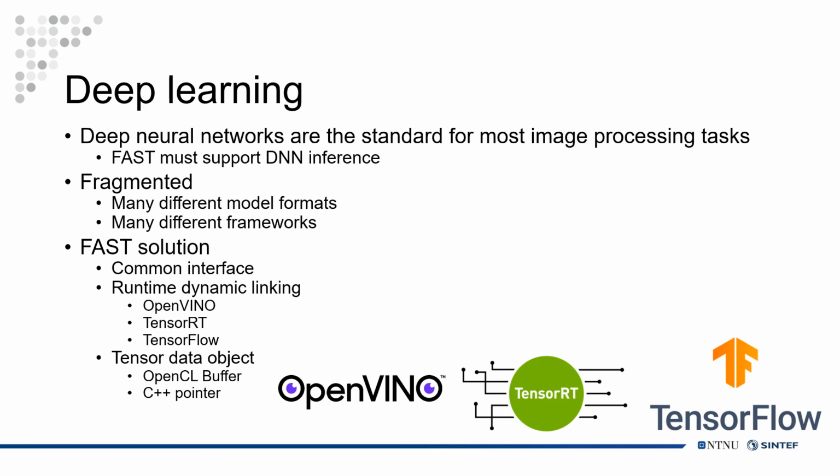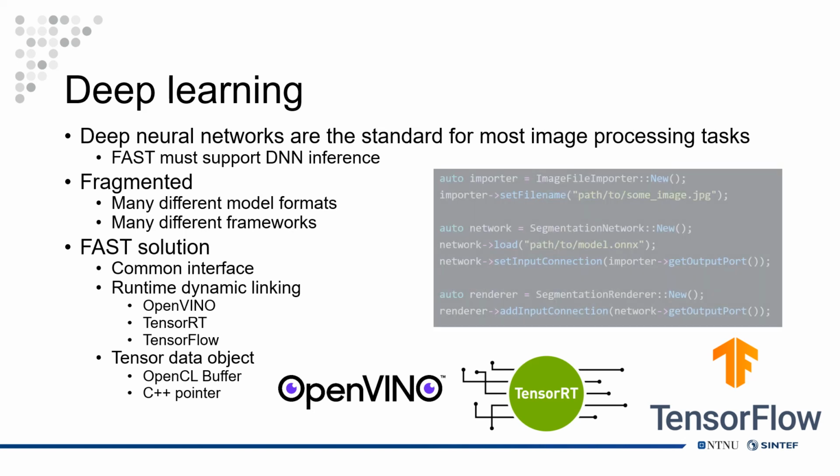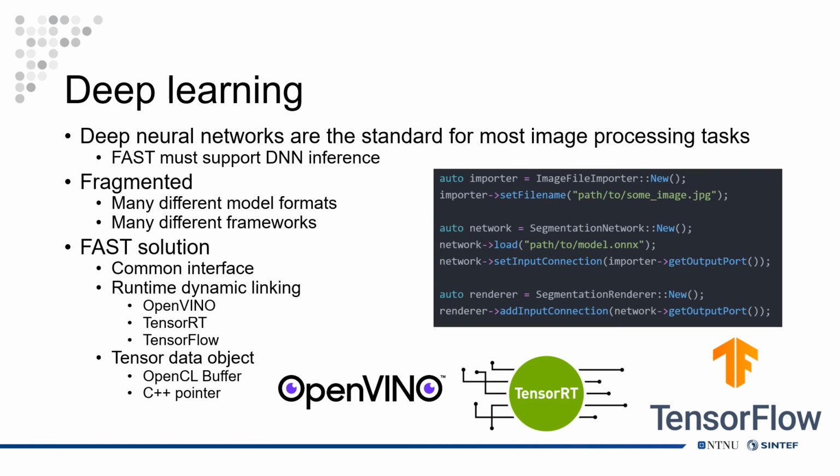Thus, neural network processing in FAST can be as simple as this, where you first have a data source which you connect to a neural network, which simply loads a model from disk, and then you connect the output of the neural network to a rendering object.